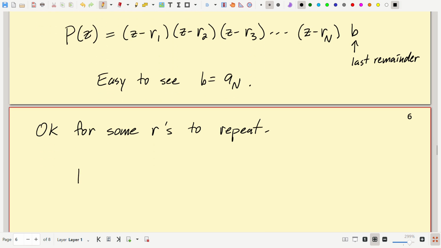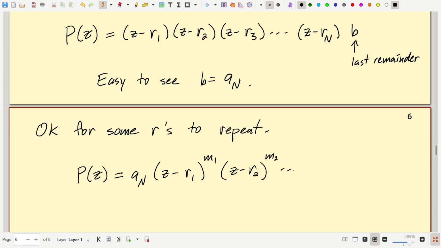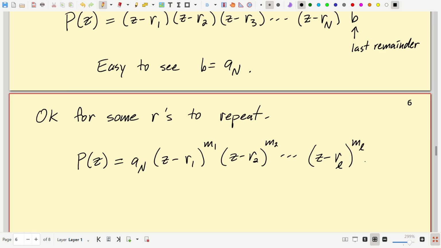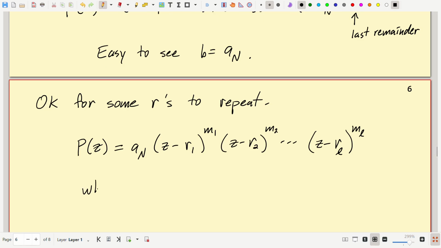And so the conclusion is you can factor, and I would get P of z is a_n times z minus one root to the multiplicity m1, z minus another root to the multiplicity m2, dot, dot, dot. The last one would be z minus some root, let's call it r sub l, to the multiplicity m sub l, where the sum of those multiplicities is the degree of the polynomial.